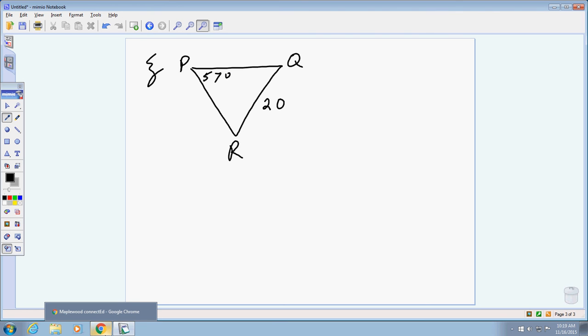And let's go with 14. Find angle Q. So find angle Q.